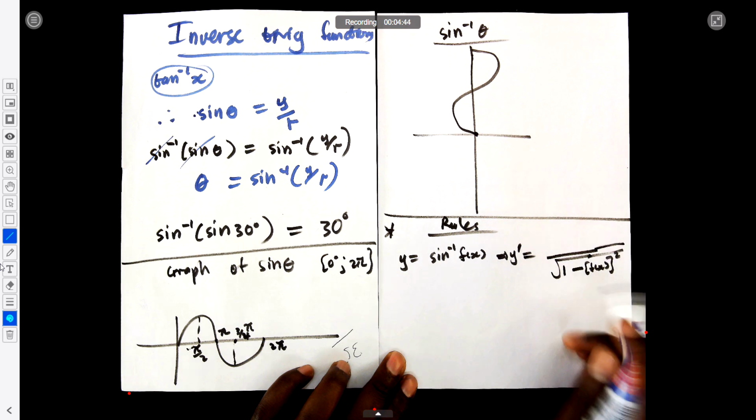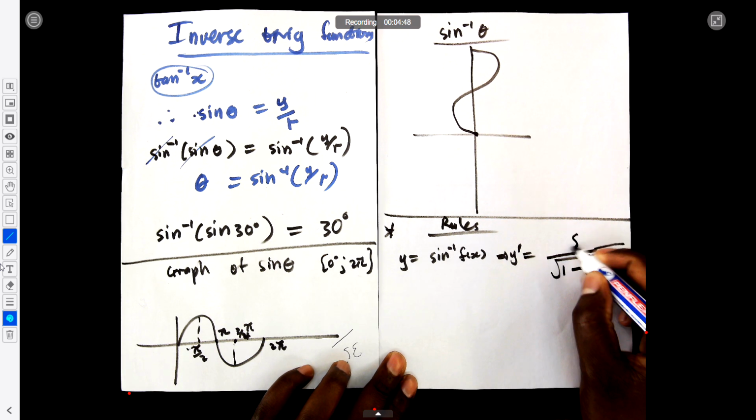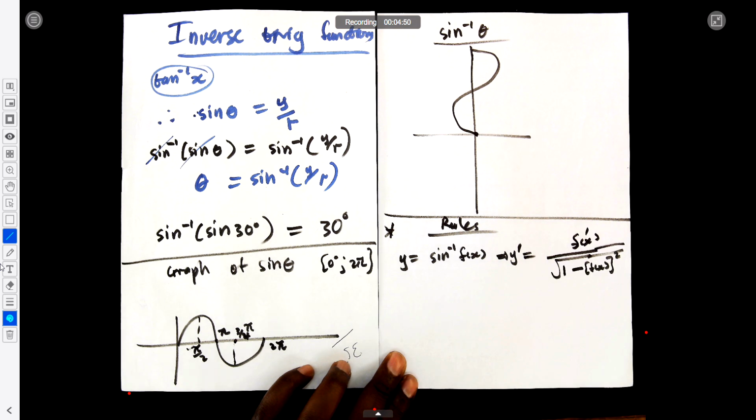Therefore, in the numerator, you must multiply by the derivative of the function, f prime of x.